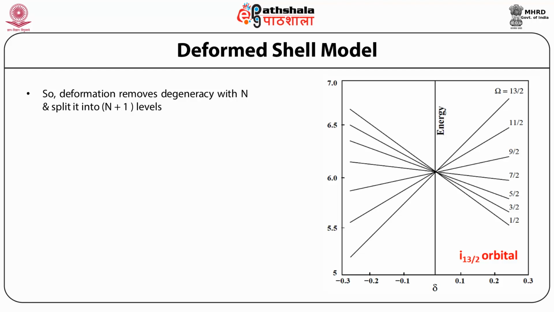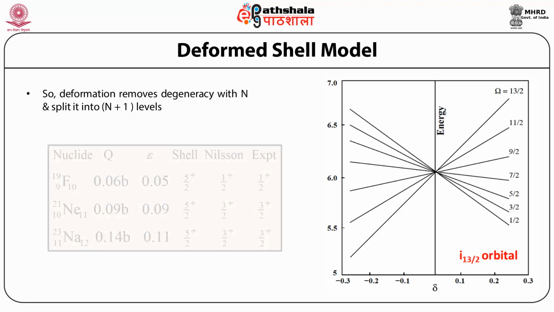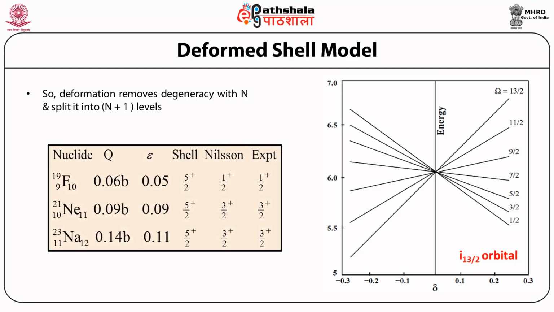Here on the left hand side of the slide, a table is given in which various nuclei are discussed in terms of their quadrupole moment, the deformation, shell model predicted ground state spin and parity, Nielsen model ground state spin and parity, and the experimental situation. For example, in the first case 19 fluorine is discussed. In the case of 19 fluorine, Z is equal to 9 and N is equal to 10.